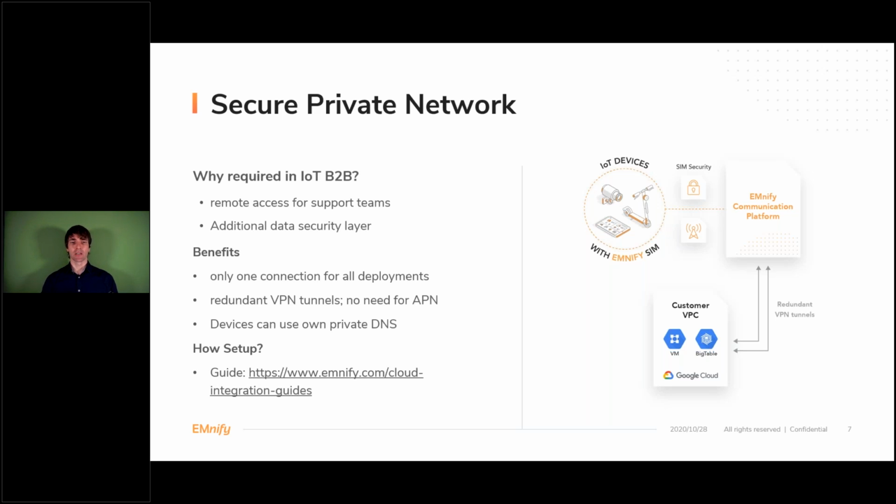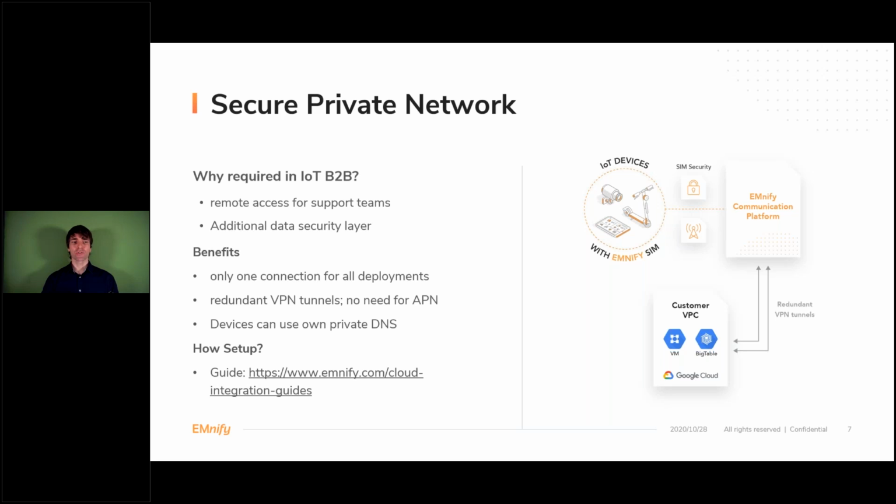Your devices and your router have private IP addresses. They can communicate with each other, but no one from the outside can talk to the devices or to the router.